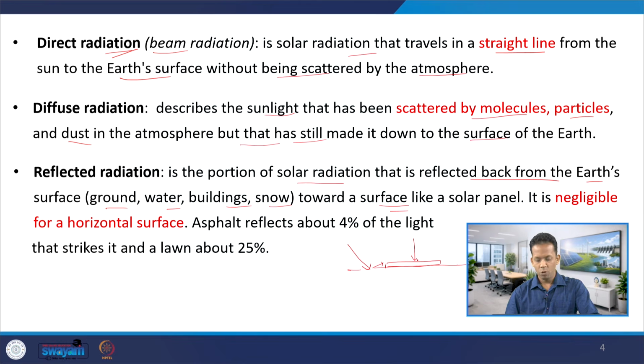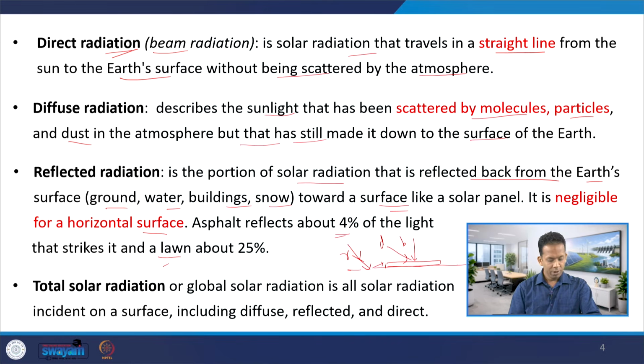So for a horizontal surface, we would get only beam and diffuse radiation and no reflected radiation. Asphalt has a reflectivity of 4%. Lawn reflects around 25% of the radiation that hits it. Total solar radiation, sometimes called global solar radiation, is the addition of all three components: diffuse, reflected and direct.